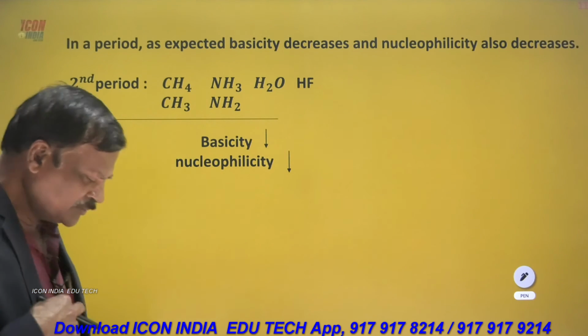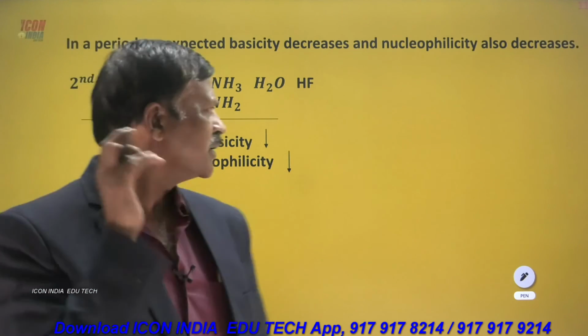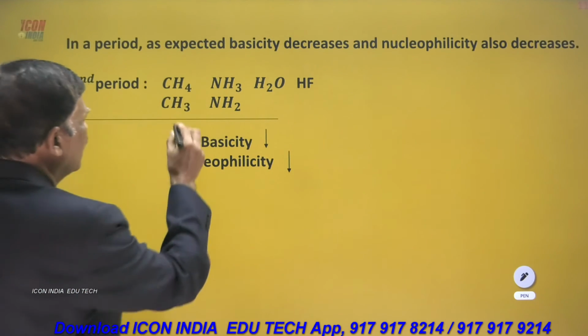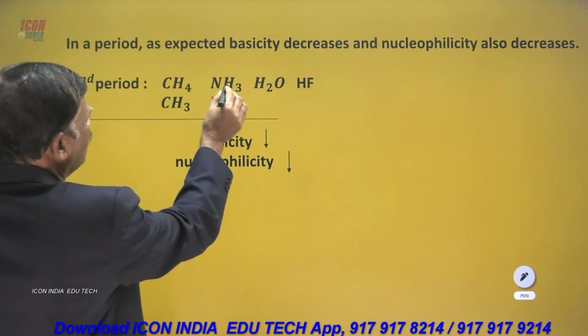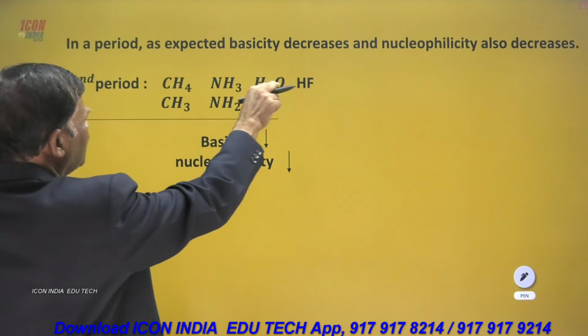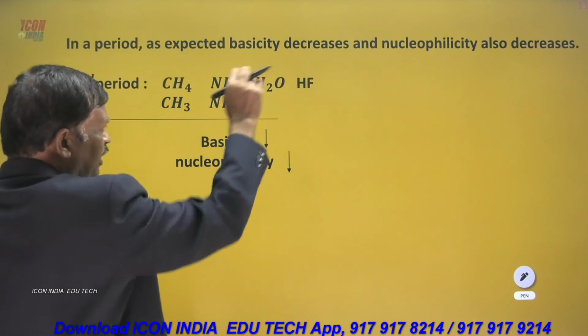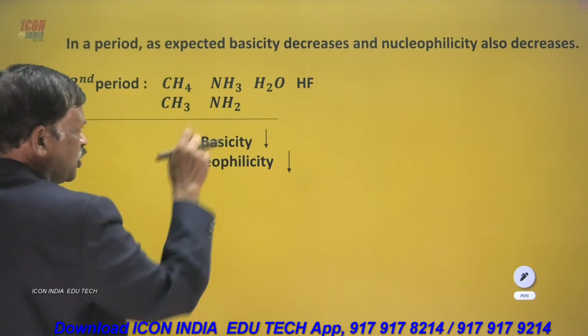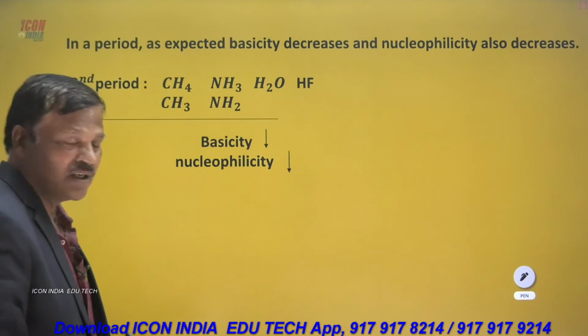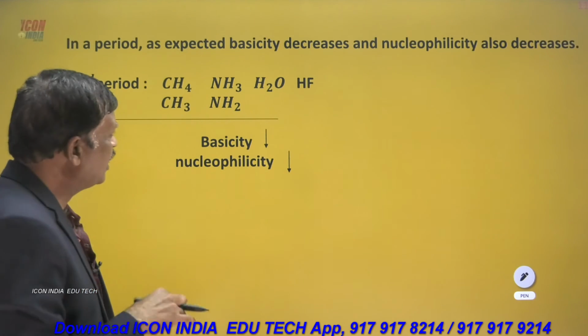For example, take a period: methane, ammonia, water, HF. As you move from methane to HF, acidic nature increases, because HF is hydrofluoric acid, water is neutral, ammonia is basic. This is methane, neither acidic nor basic.